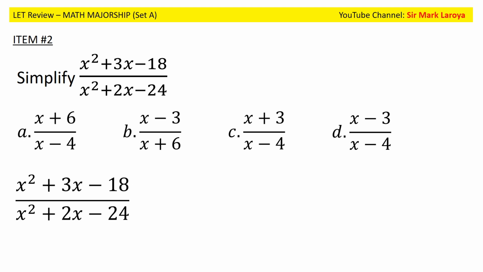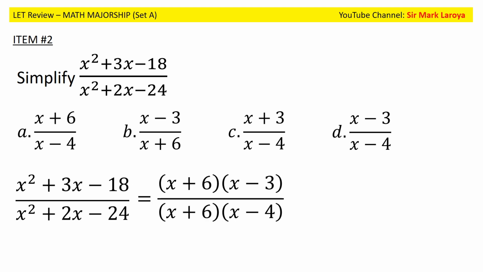So for our numerator, the factors are the two binomials x plus 6 and x minus 3. And para naman sa ating denominator, the two binomials are x plus 6 and x minus 4. So as you can see here, nakuha natin yung dalawang binomials na factors ng numerator at ganun din sa denominator. And the common factor nila ay ang x plus 6.